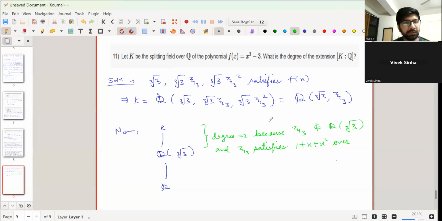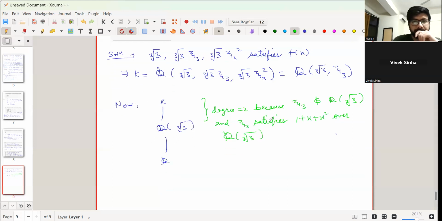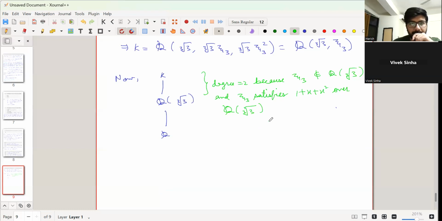Here p is 3, so it satisfies 1 plus x plus x square over Q, and hence it satisfies it over Q adjoined with cube root of 3 as well. So the degree is 2 here, and from here to here the degree is clearly 3.